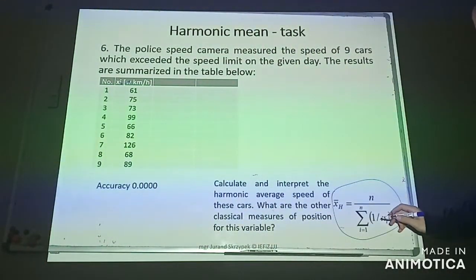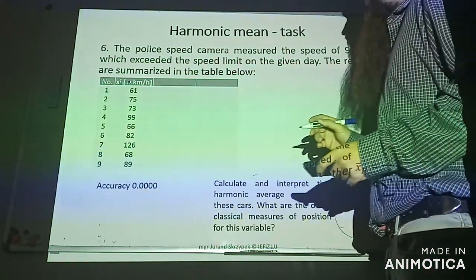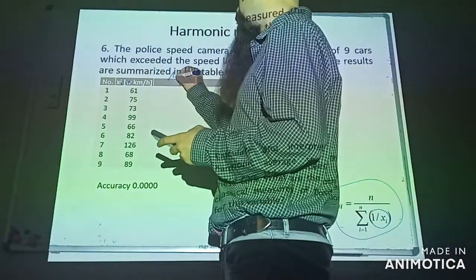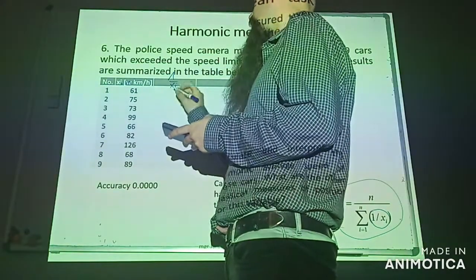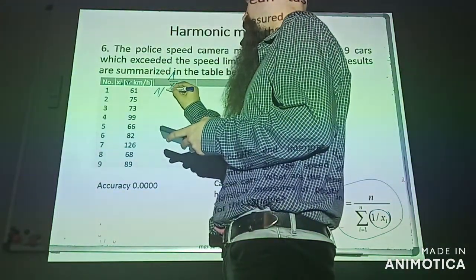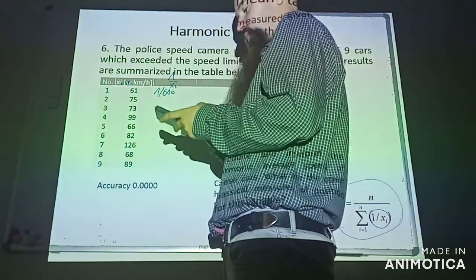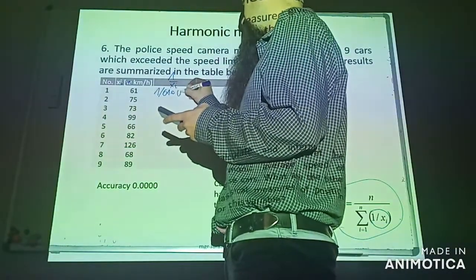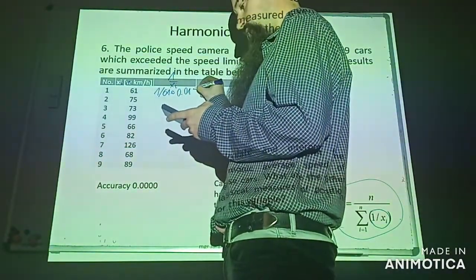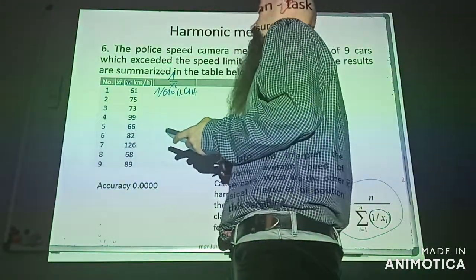So first we need the reciprocal values of our variable. 1 divided by xi, so in the first row we should divide 1 by 61, and it is approximately 0.0164.